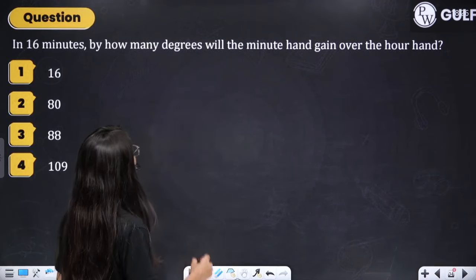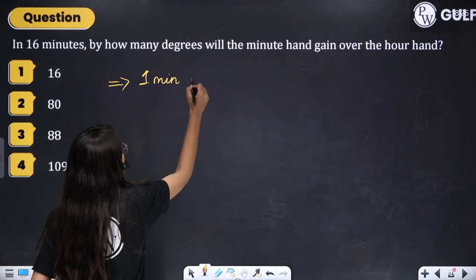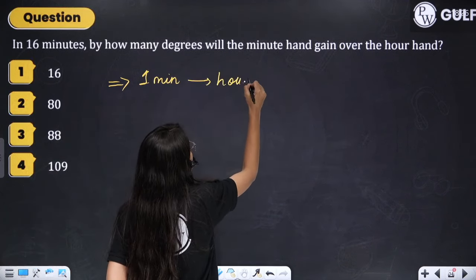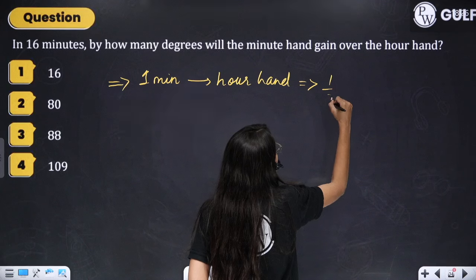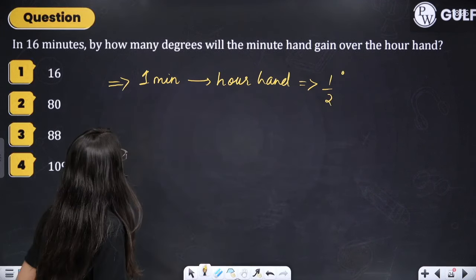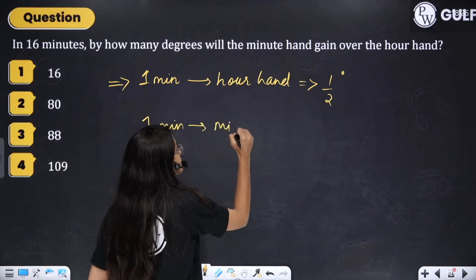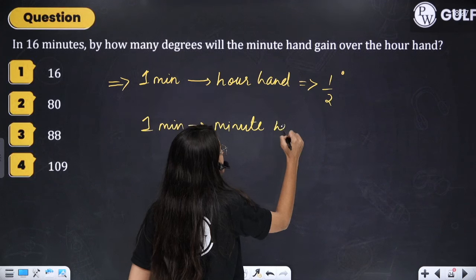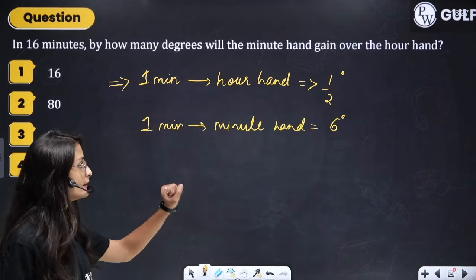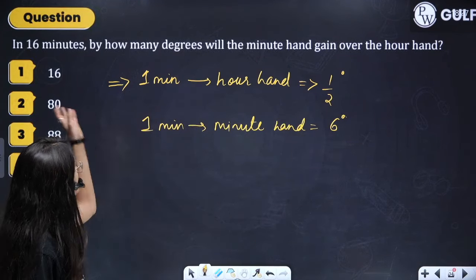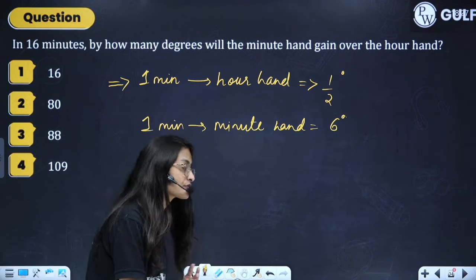Let me tell you, in 1 minute, the hour hand goes by half a degree, and in 1 minute, the minute hand goes by 6 degrees. So if we find the difference of them and multiply it by 16 minutes, we can know how much it is gaining.